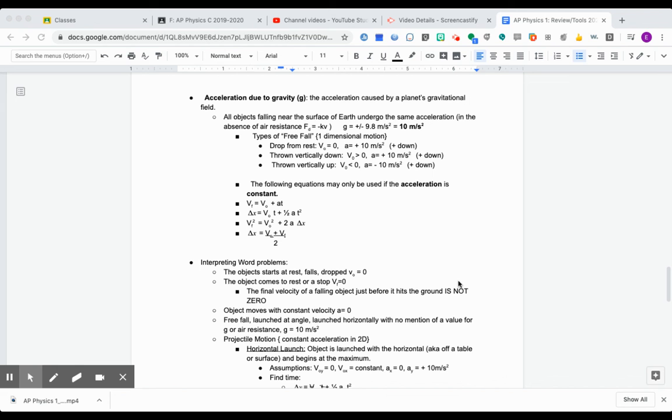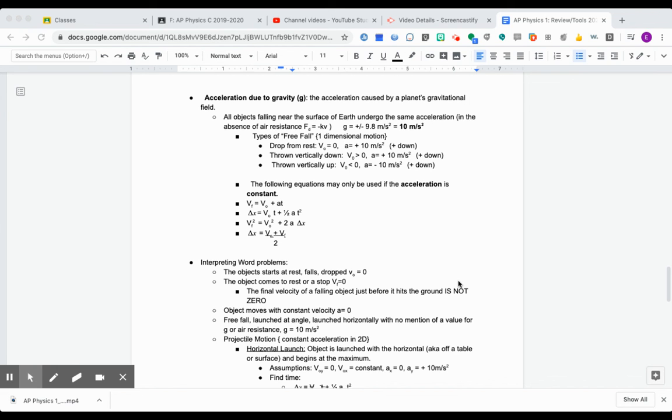Technically, we know that objects accelerate at 9.8 meters per second squared. On the AP exam, if they do give you numbers, they're going to tell you to use 10. What will most often be the case, determining the changes for this year, is that they'll ask you for conceptual relationships.